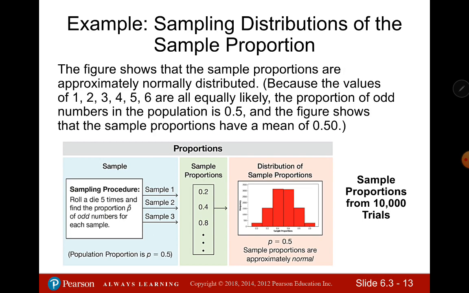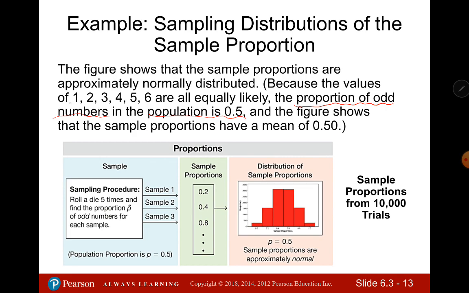And we use software to help us find the mean of all these 10,000 p-hats. We will get p equal to 0.5. The mean is 0.5. Of course, the proportion of odd numbers in the population is also 0.5. Why is it 0.5?